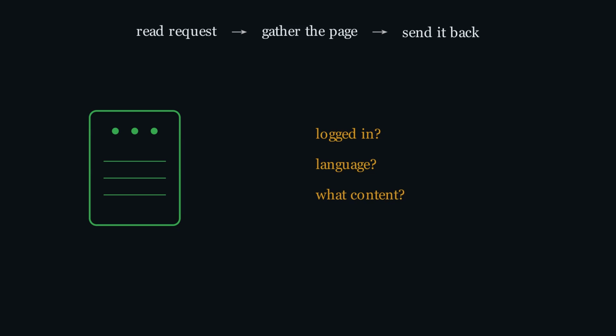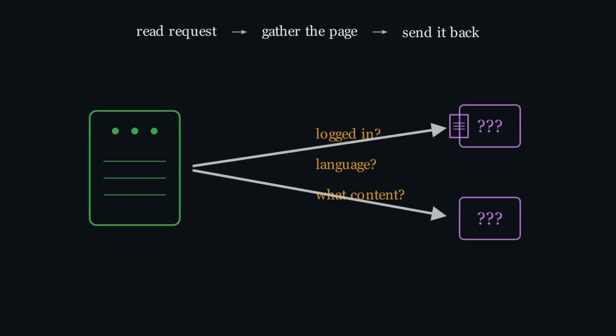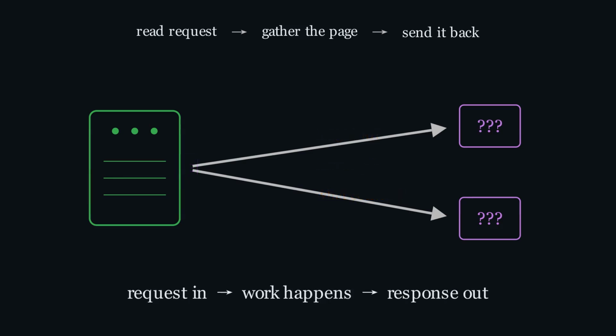What should the page contain for them? The server might check its records, ask other computers for help, and assemble your page component by component, all in a few milliseconds. We'll spend entire future episodes inside that building. For today, just hold on to this. Request goes in, work happens, response comes out.